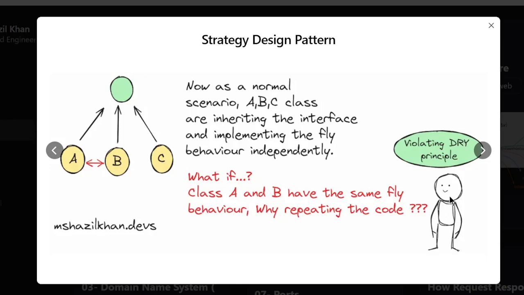And in software development practices, we have a principle named DRY, which says don't repeat yourself. So we have to not repeat ourselves. Here this principle is violated, and we are avoiding the principle of DRY.